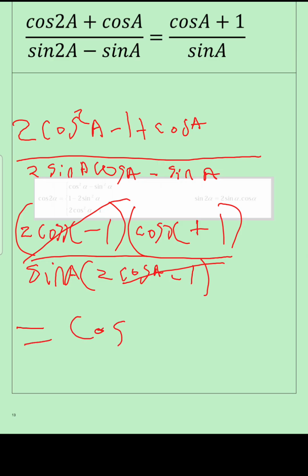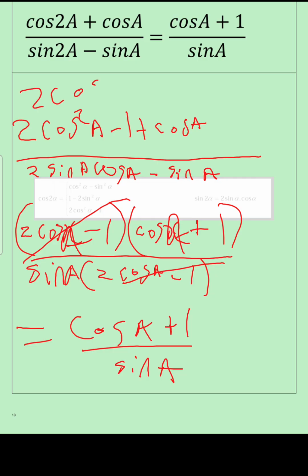Left with cos a over sine a. And it's proven. So this was a quadratic. It is in the form 2 cos squared a plus cos a minus 1. That was this when you rearrange it.